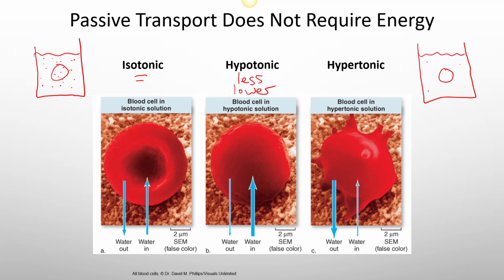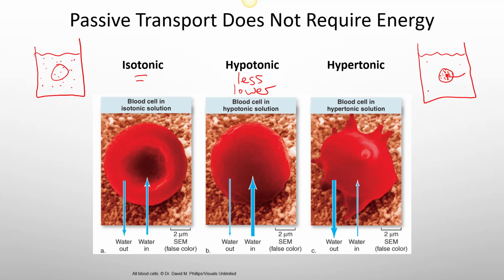Hypotonic solution looks like this, and then we have all this concentrated stuff on the inside of the cell. In a hypotonic solution, we are going to want to dilute out the inside to match the concentration of the external environment. So water is going to want to rush into the cell, and that's why this cell looks swollen.